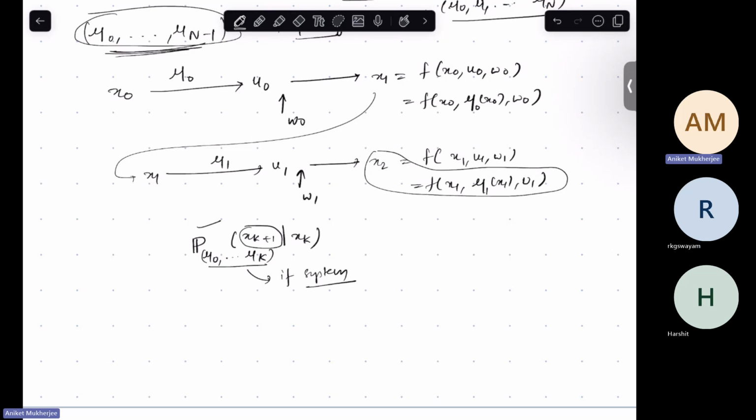Most probably, by the end of the class today, I'll come up with an example. I'll introduce MDP and then show you an example where this happens. If you take different actions, like different strategies or policies, sometimes your trajectory will be very different from my trajectory if I take a different policy than you.